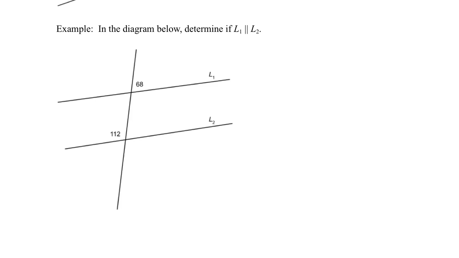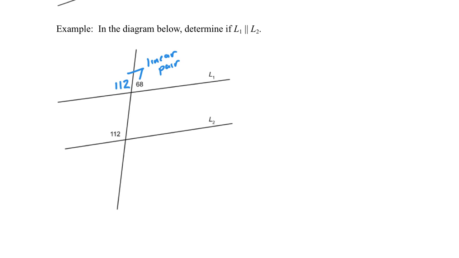Well, one thing that I could do is I can determine using linear pair, I can see that I've got two angles here that form a straight line. So since this one is 68, I could subtract from 180 degrees, and I can get that this angle is 112. And I'm just going to put a note on here that I got that because those are linear pair.